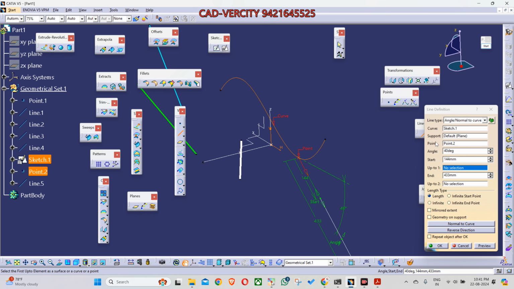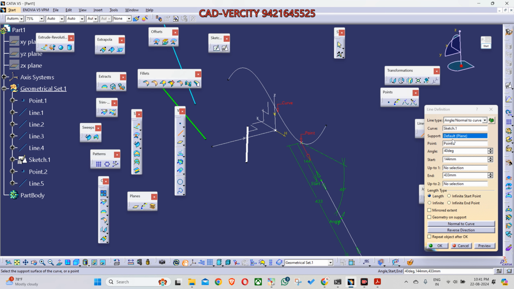Now tell me which support should I give? Can I take this support XZ? Yes, sir. By default it has taken one plane. Why? Because of this input curve, the software knows that this curve is in the XZ plane. So for now I will give this plane as support.